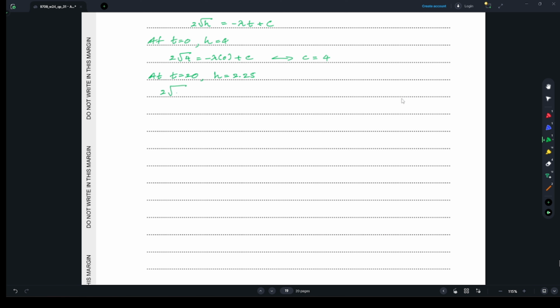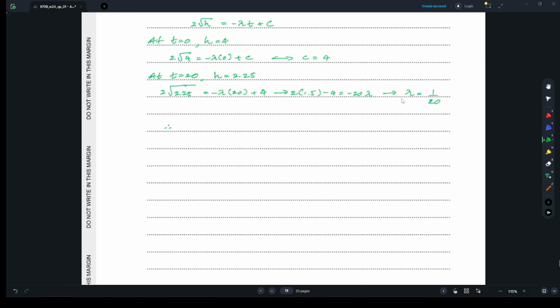So 2 times root 2.25 equals minus lambda times 20, plus c, which is 4. From this, you can find 2 times 1.5 minus 4 equals minus 20 lambda. So from that one, you can find lambda. So lambda value is 1 over 20.